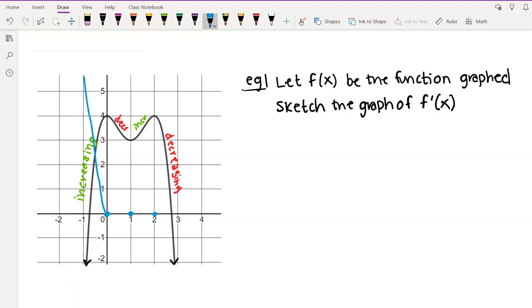The further you go to the left, the higher those derivative values get because the graph is getting steeper and steeper. And similarly, on the right side, the graph is getting steeper and steeper in the negative direction. So the derivative is probably going to go down like that and get more and more negative as it goes.